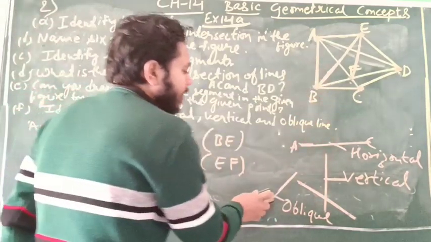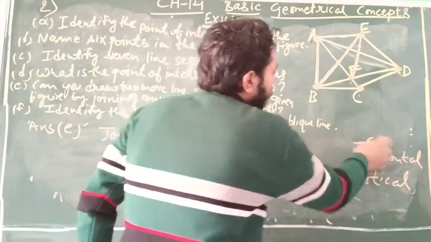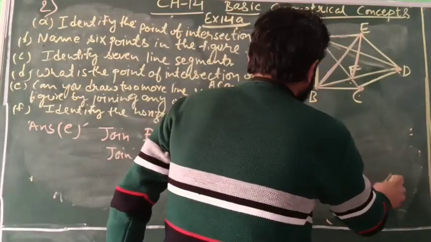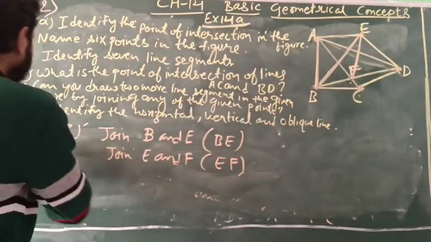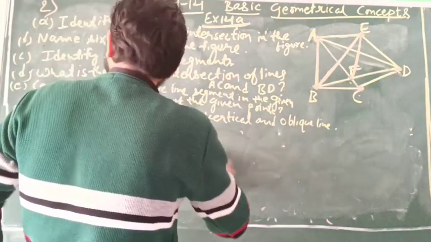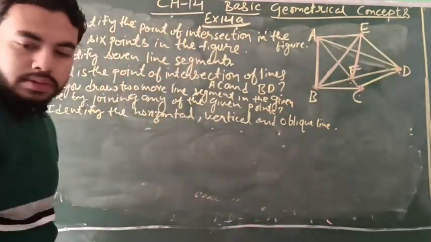So here we have to find some oblique lines, some horizontal lines, some vertical lines. Okay. So that is our question F.